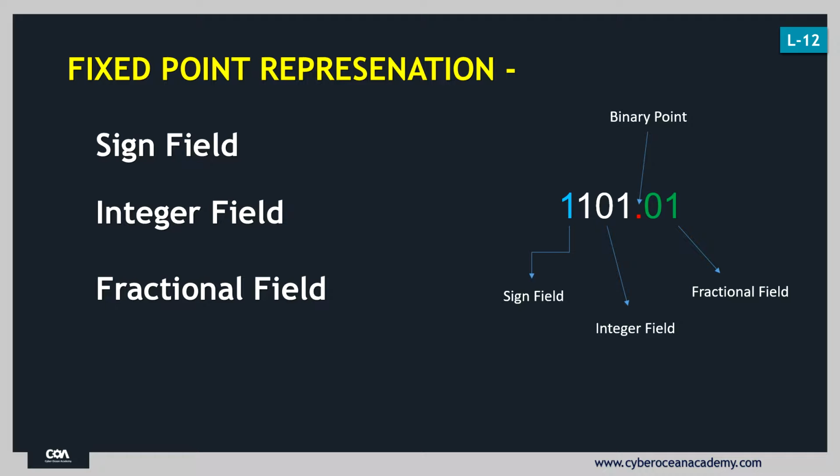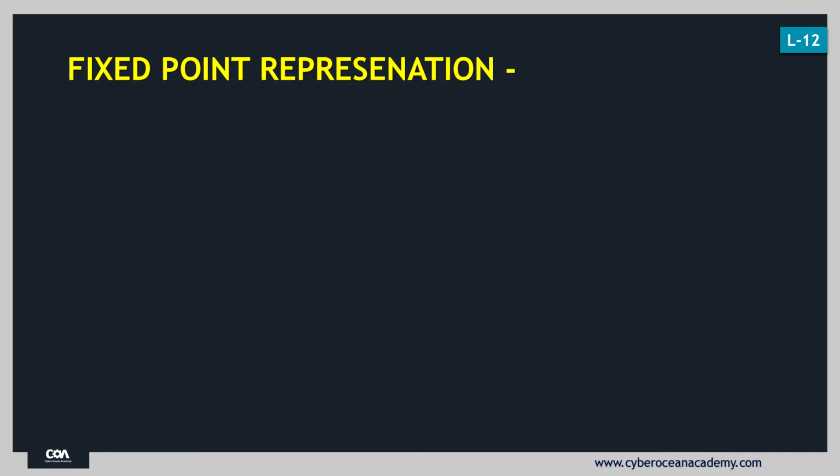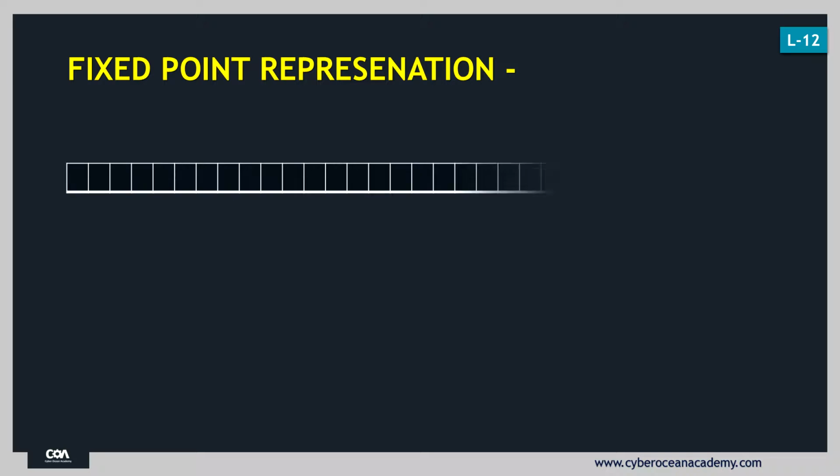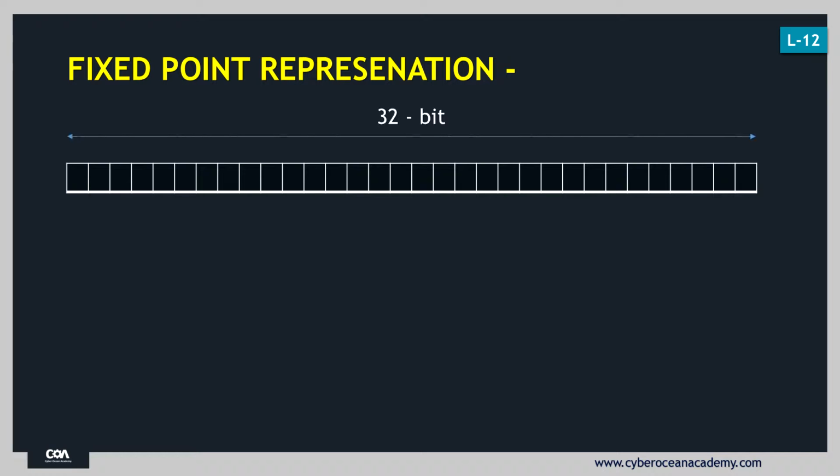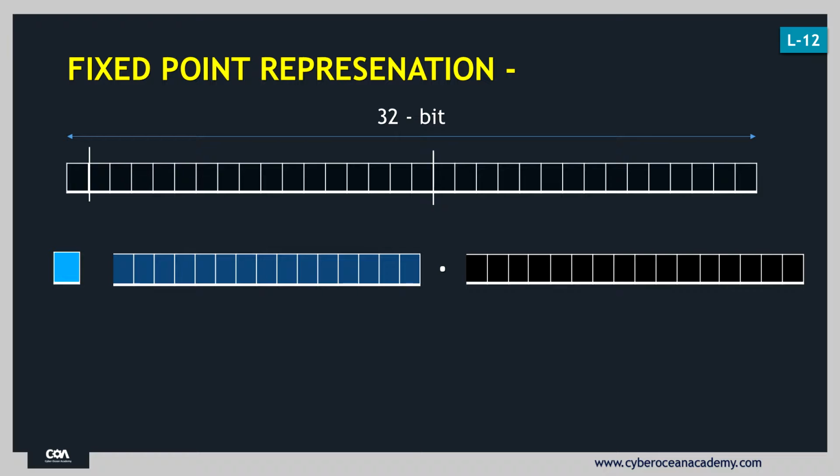Now let's take an example of how to represent a floating point number with the help of fixed point representation in 32 bits. Here we have a 32-bit binary pattern, and we divide it into three parts: the sign field, the integer field, and the fractional part.